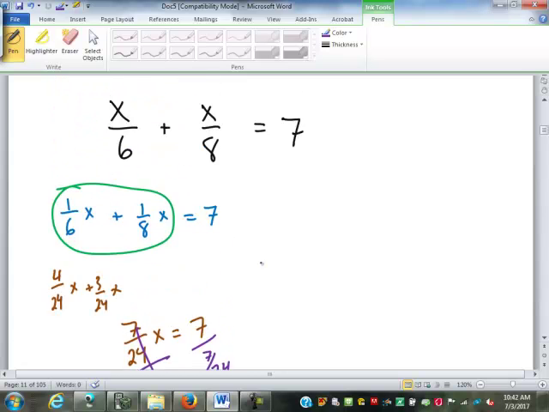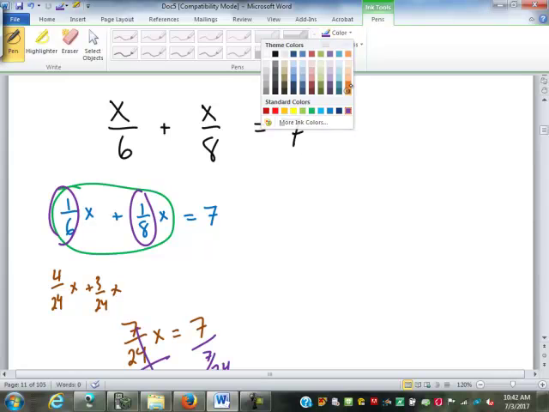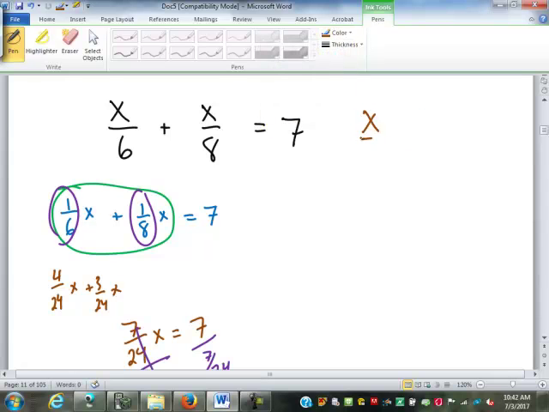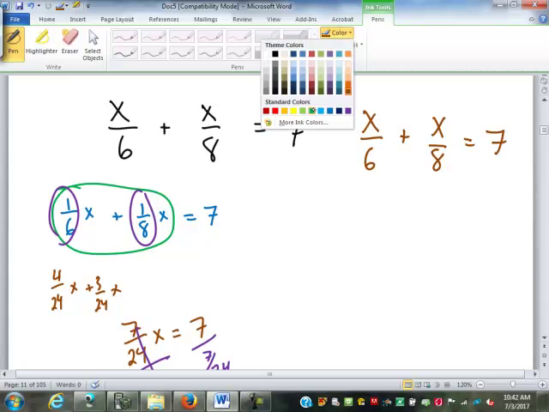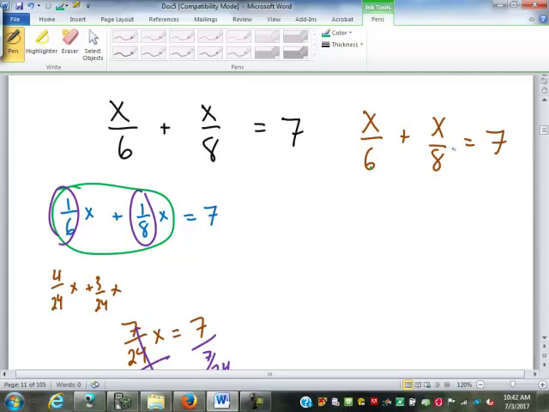Well, there's another way we could have approached this. Rather than adding these two fractions together, we could have looked at this. What is the common denominator for 6 and 8? Least common denominator. 24.